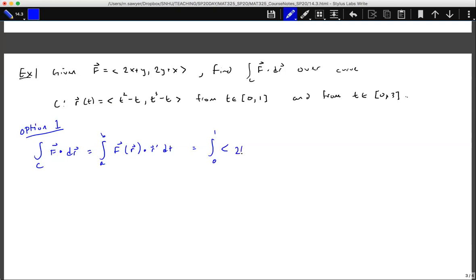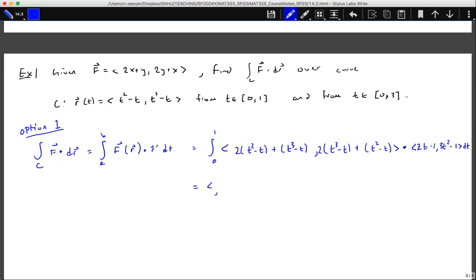So we get 2 times (t squared minus t) plus (t cubed minus t), comma, 2t cubed minus t plus t squared minus t, dotted with the derivative of r, which is 2t minus 1, comma, 3t squared minus 1, dt.